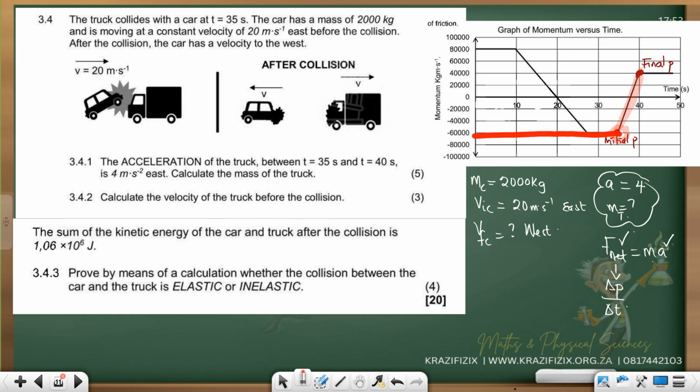At 35, momentum is that. At 40, momentum. Collision occurred here, initial momentum and final. So this is my momentum before the collision, and this is my momentum after the collision. T, I don't know if that makes sense.